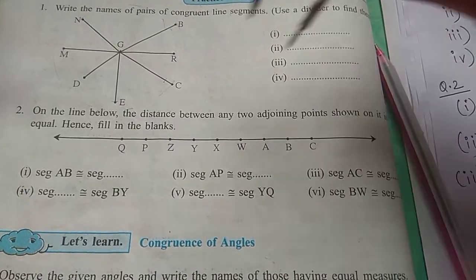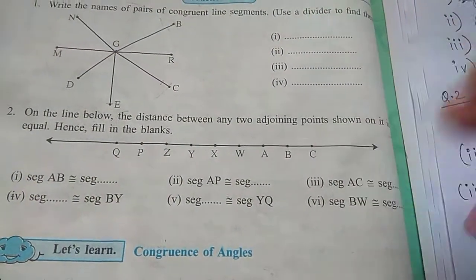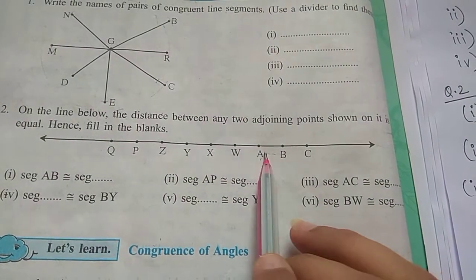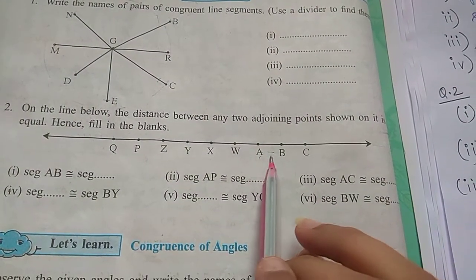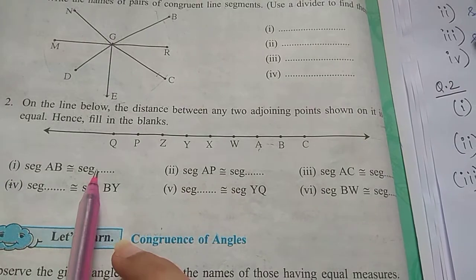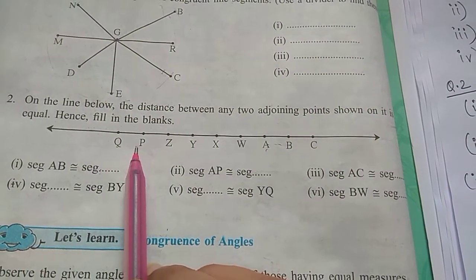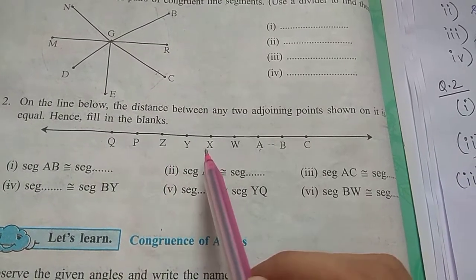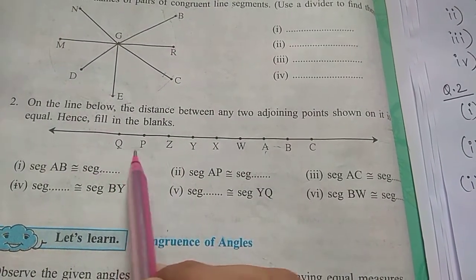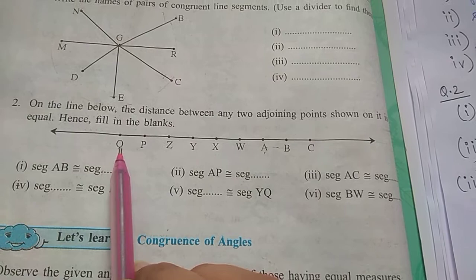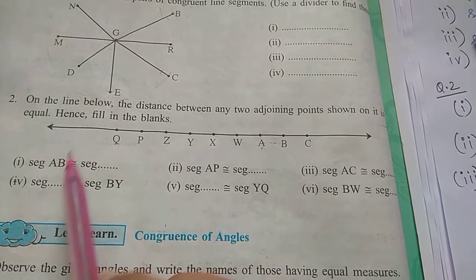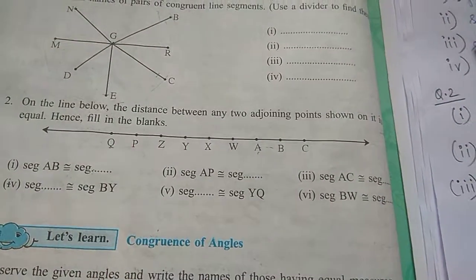Segment AB means two directly adjacent points. So it will be congruent to any adjacent segment like QP or ZY or XW, because directly adjacent points form a segment. So I'm going to write QP.